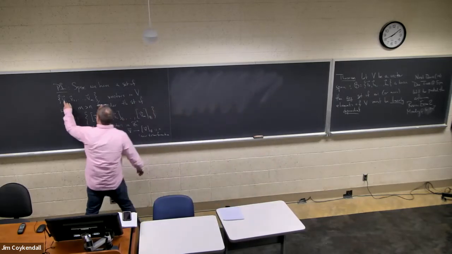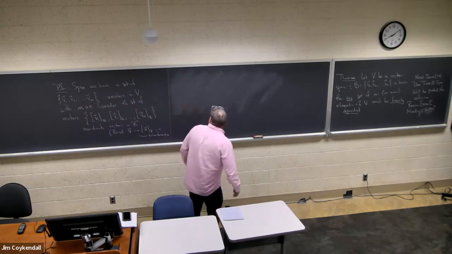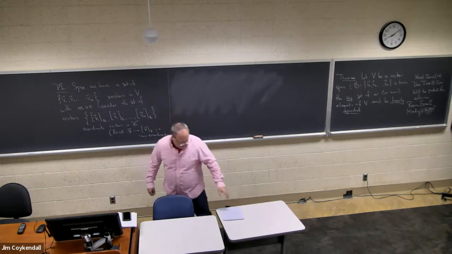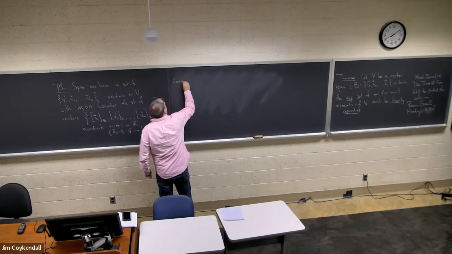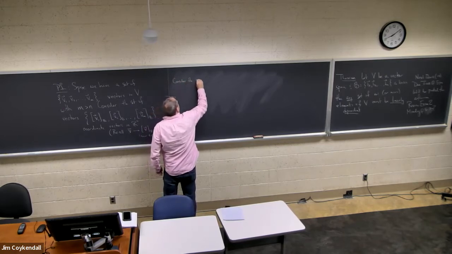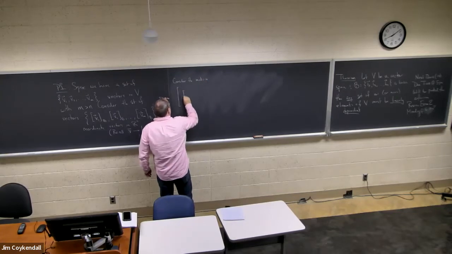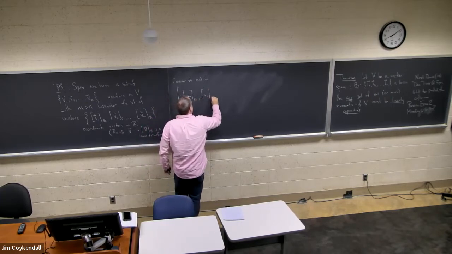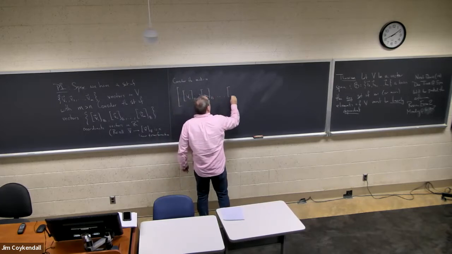So this assignment takes this to this, this to this. This is a function that is a linear transformation. So how does that help us? So consider a matrix with these as column vectors here.